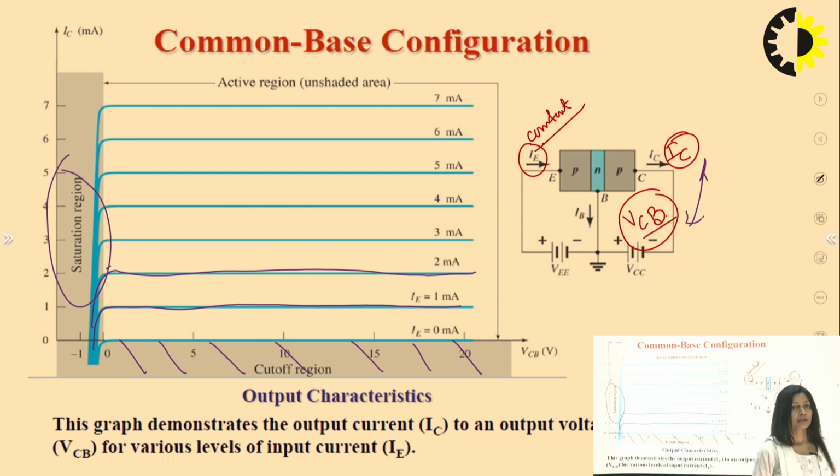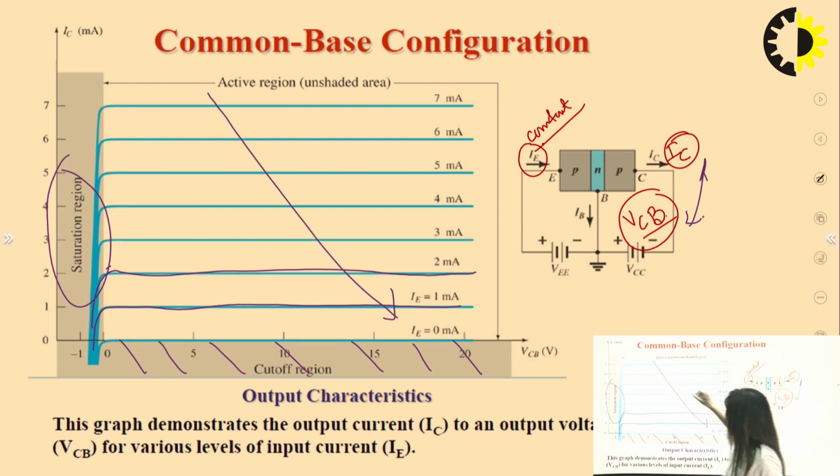So these are the practical graphs shown in the diagram, and we need to understand how the current is increasing, because if we are increasing the reverse voltage, this will support the current, but the current will not keep on increasing every time. It is going to be constant, and this particular region is known as the active region.